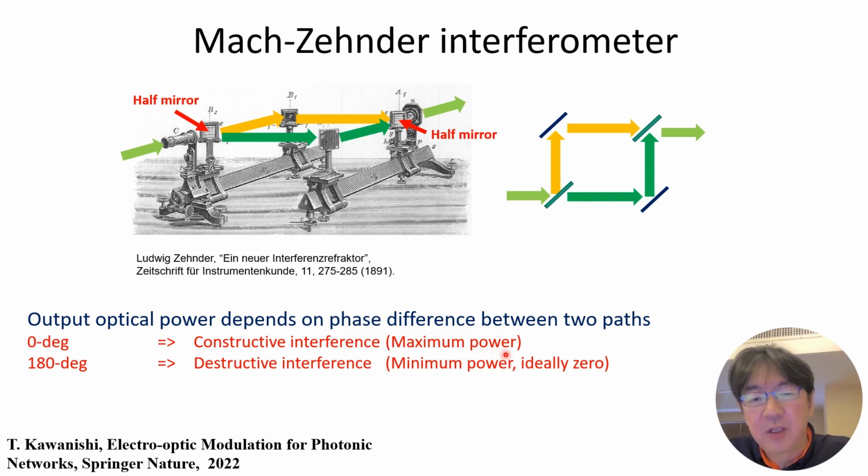That means that we can have the maximum output power. If the phase difference is equal to 180 degrees, due to destructive interference, the optical power goes to minimum. In the ideal situation, it should be close to 0. This is the basic configuration of the Mach-Zehnder interferometer.